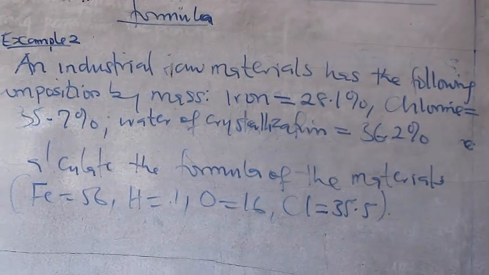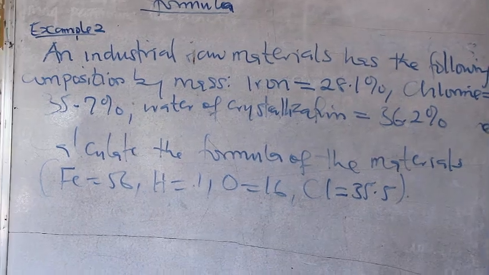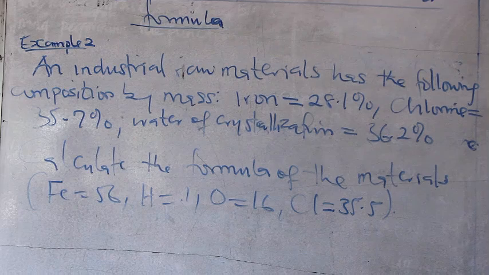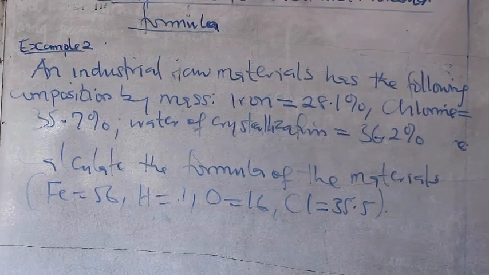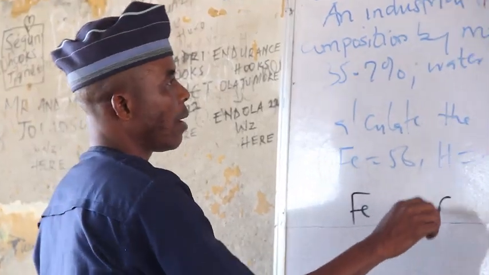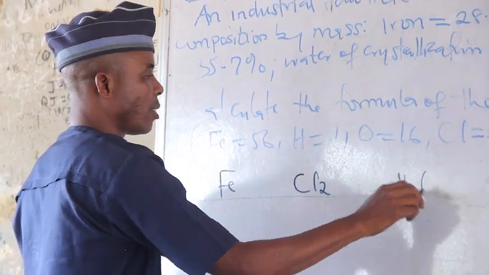Iron 28.1%, chlorine 35.7%, water of crystallization 36.2%. Then calculate the formula of the material. We have iron, chlorine, and we have water of crystallization.